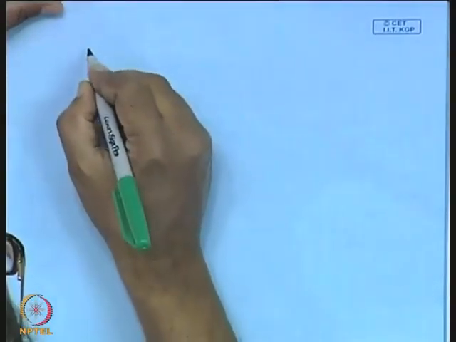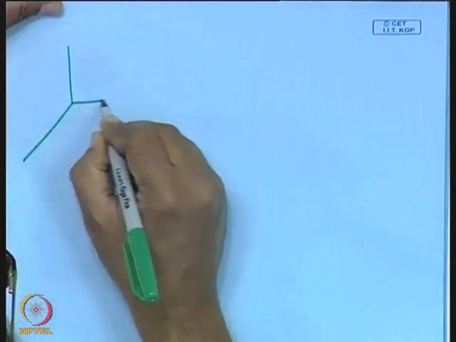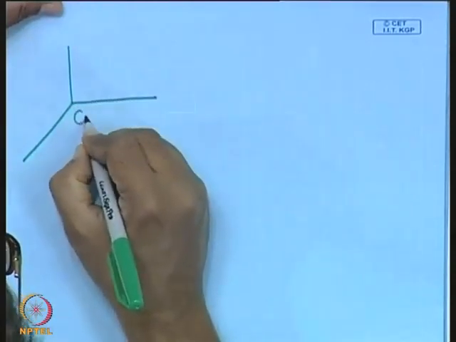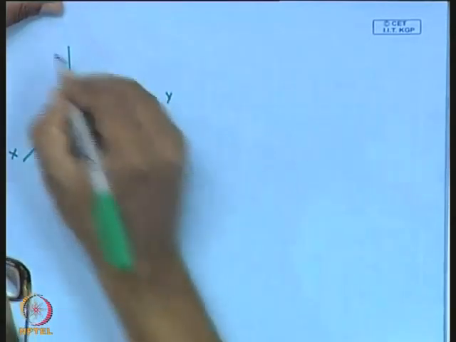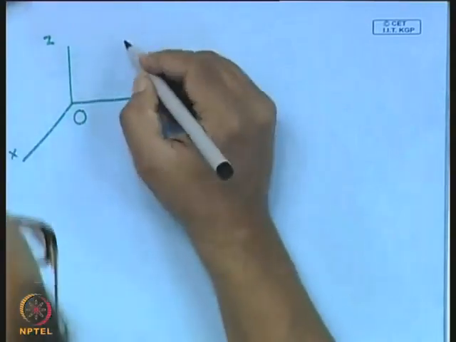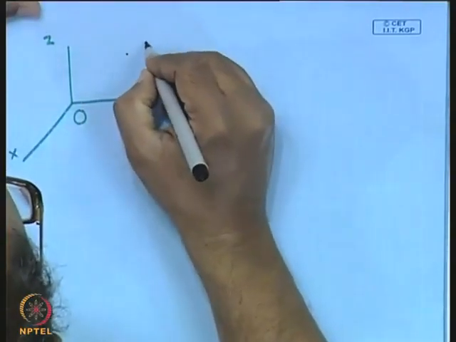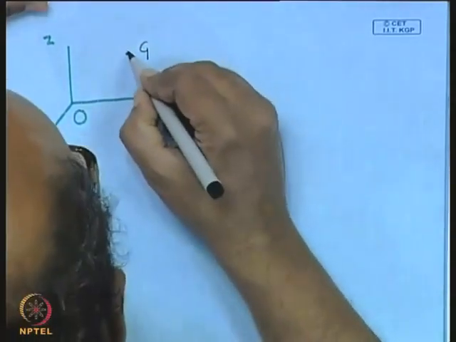The situation that we were discussing is as follows. There is an observer sitting here. These are the x, y, z. We are working in comoving coordinates. So these are x, y, z comoving, and there is a galaxy G, some comoving distance r away.